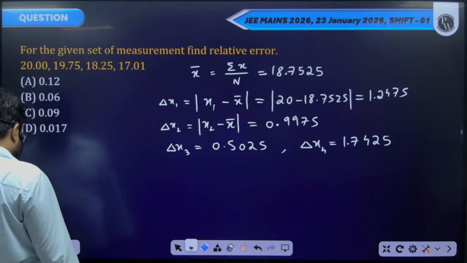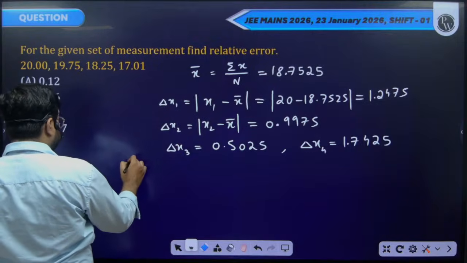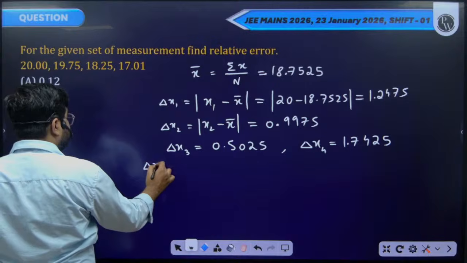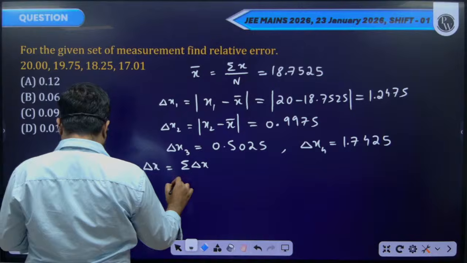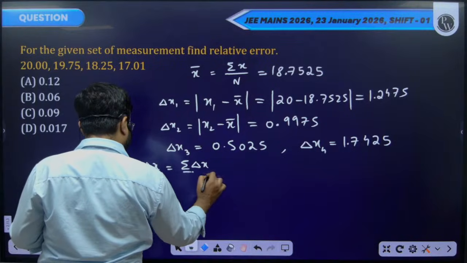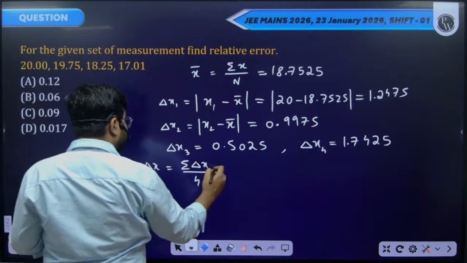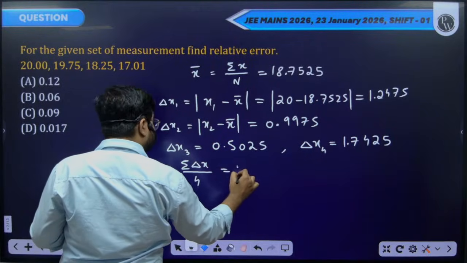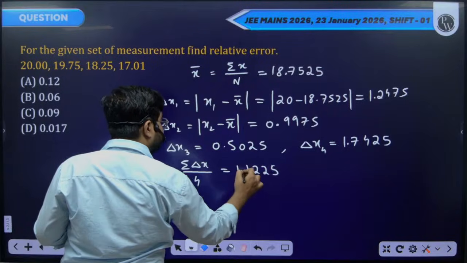After calculating all of this, you will need to calculate the mean of all the errors, the mean error. So the mean error will be the summation of all of them divided by 4. If we add all of them and divide by 4, we get 1.1225.